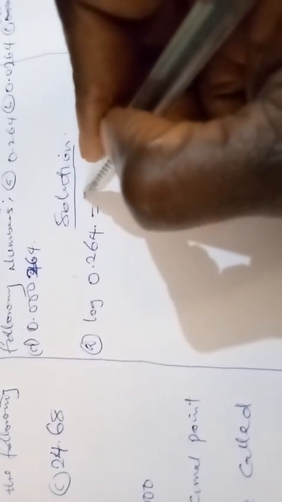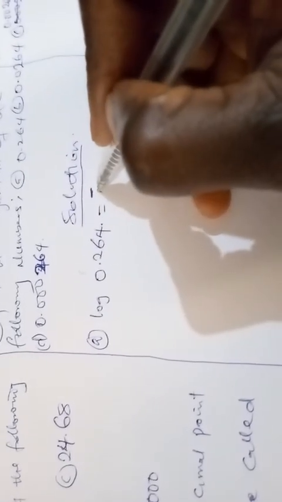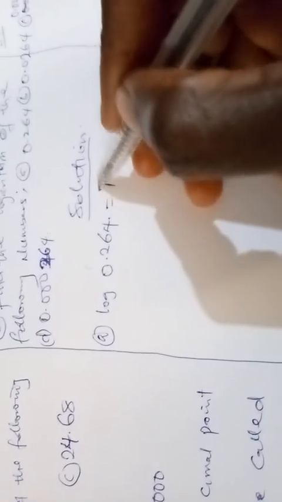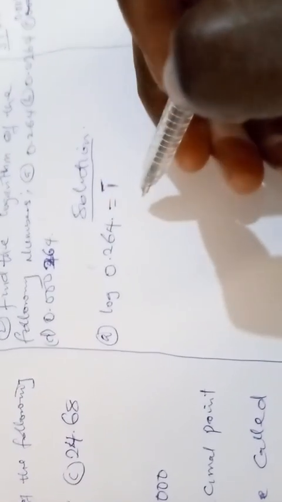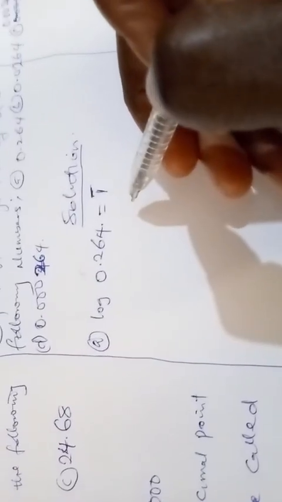Now, how many zeros do we have before the non-zero digit? That's 1. So it's going to be minus 1, but we don't write it as minus 1. Under logarithm, we write it as bar 1. All right, that's how to do the integer for this.